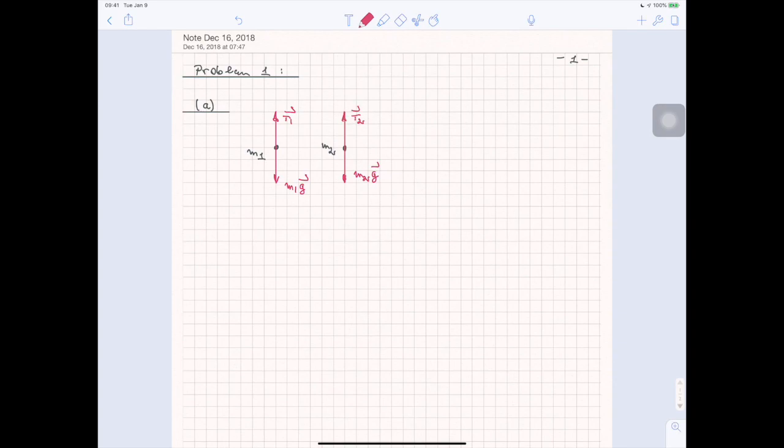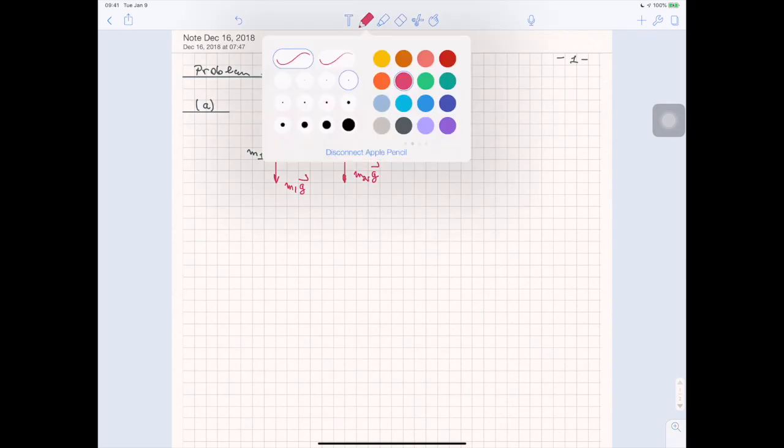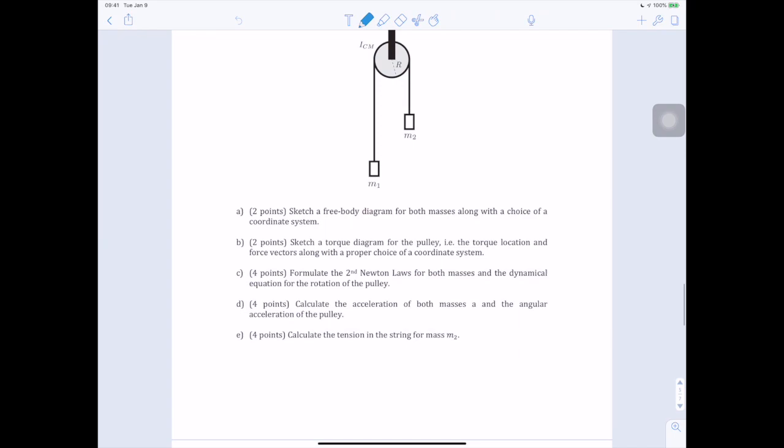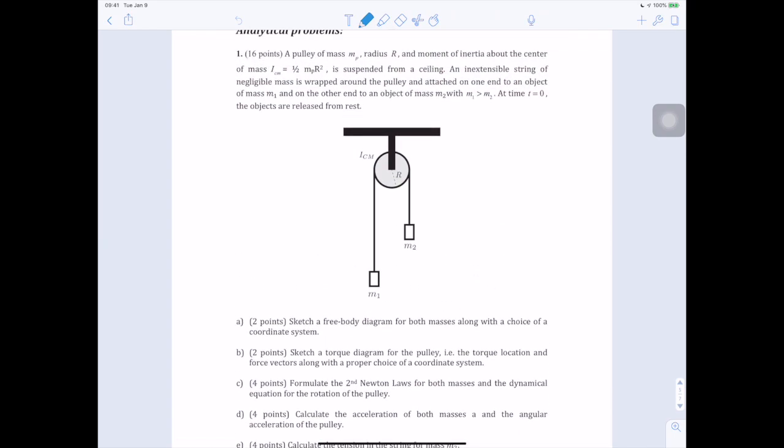Okay. So now let's go back here. It said in the problem, assume that m1 is larger than m2. At time t equals 0, the objects are released from rest. So therefore m1 will go down while m2 is going up here. So that pulley is rotating then counterclockwise.